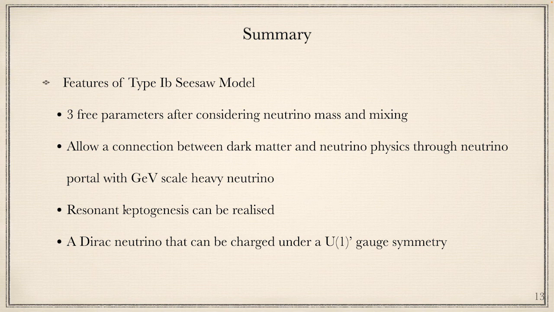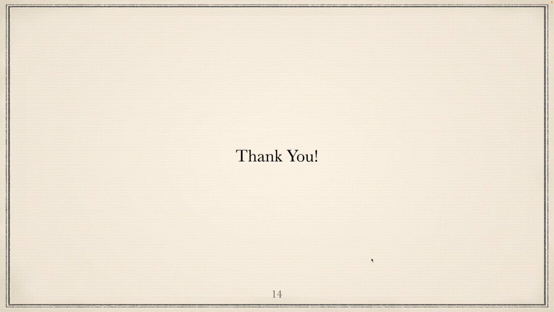We have also seen that resonant leptogenesis can be realized in an extended model. And finally, due to the Dirac nature of the heavy neutrino, it can be charged under a U(1) prime gauge symmetry. Thank you for listening.